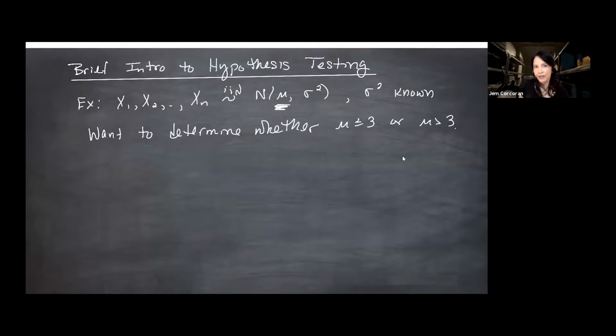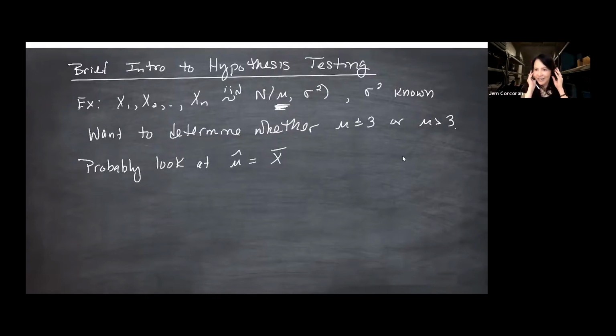So the way you're going to do this is you're going to look at the sample counterpart to the mean mu. So you'll probably look at the estimator of mu, that is X bar. And just because X bar is above 3, that doesn't mean that the mean is above 3, right? Especially if it's close, because the true average Calc 2 score on exam 3 could be 3, I guess.